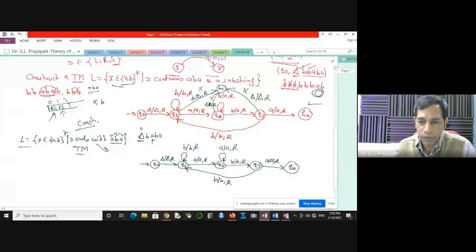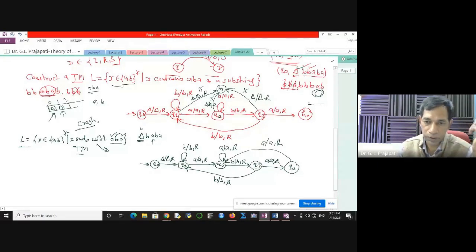If you are at the state Q4, you may have the A or B. If you have the A, where can you go? You have the input A and replace with R. If you are at the state Q4 and your input is B, then you can go to the Q3.